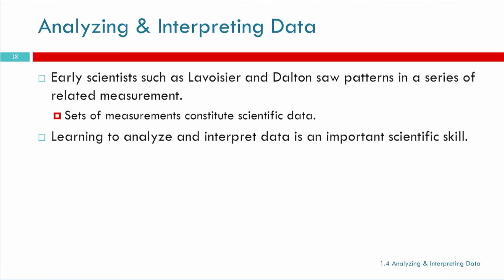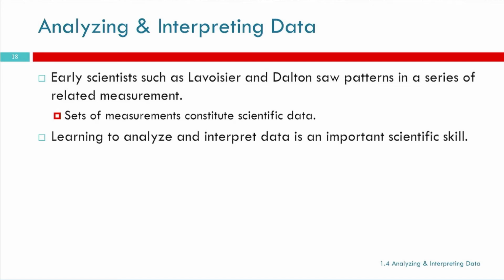So let's say you've made a hypothesis, you've gone out and you've done a test, and you've collected a bunch of data, but what do you do with that data? Scientists like Lavoisier and Dalton saw patterns in a series of related measurements. So if you do an experiment, change a couple things, like I was talking about with your car. If you're driving your car, and let's say you drive it uphill, you drive it downhill.